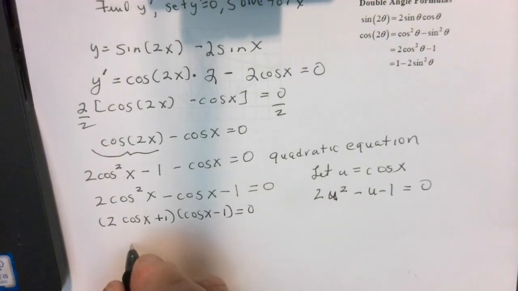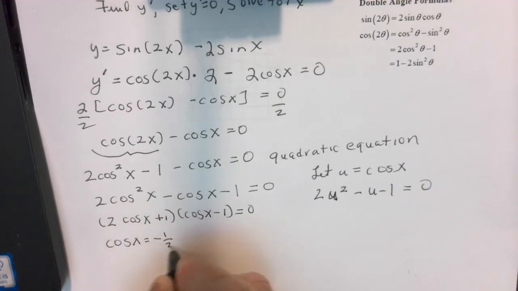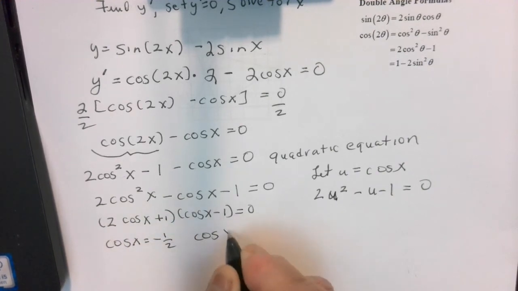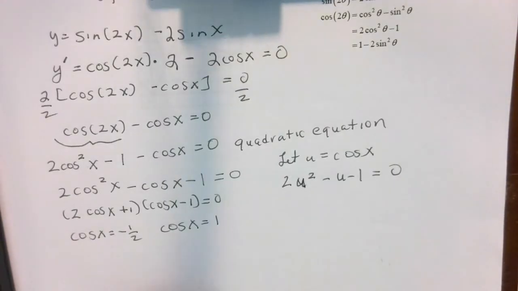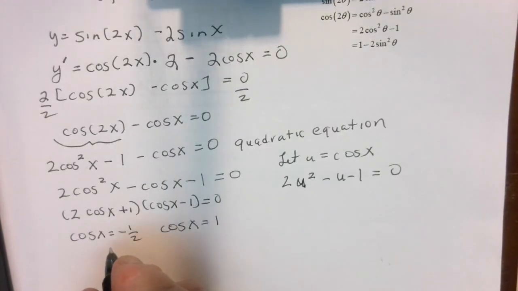And so using the zero product property, we're going to get cosine x equal to minus 1/2 and cosine x equal to 1. So you want to think unit circle. Think about where the cosine is negative 1/2, and that's going to be at 2 pi over 3.